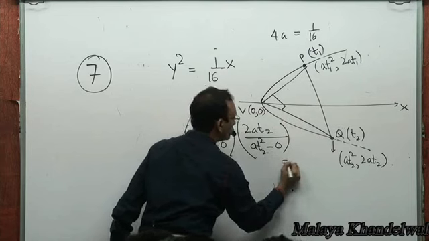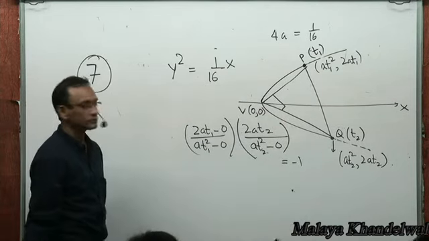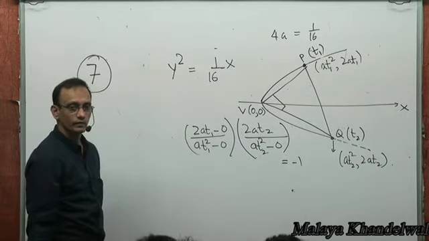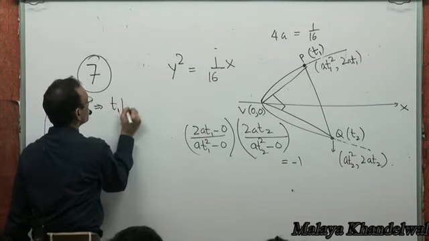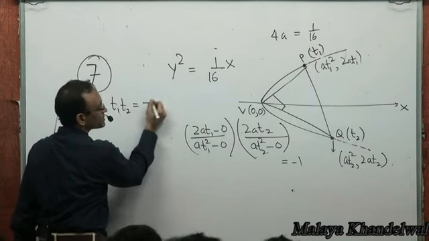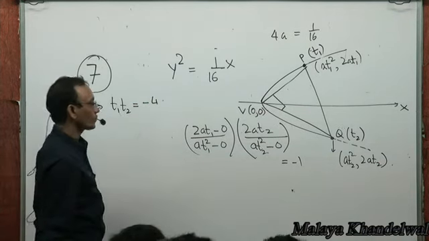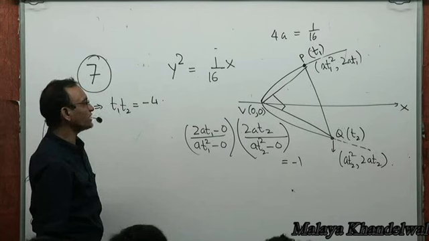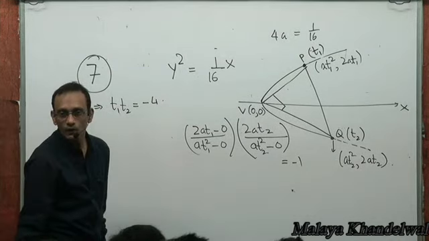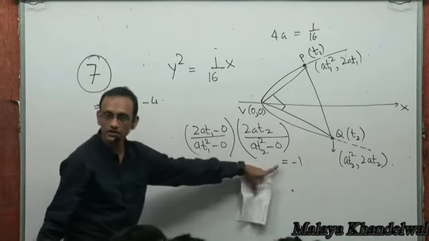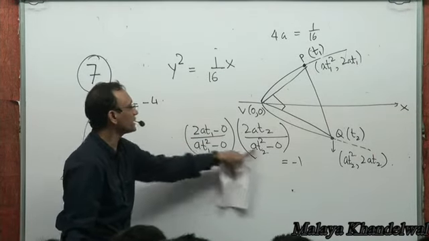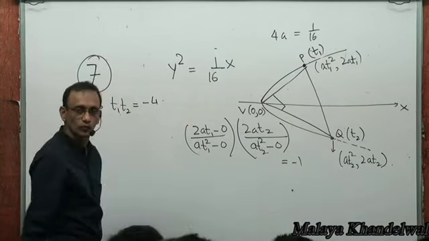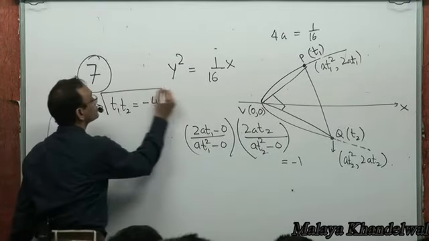That must be equal to minus 1. So that gives me t1 t2 equal to minus 4, yes or no? I hope all of you understand this. t1 will get cancelled, a will get cancelled, and so t1 t2 equal to minus 4.